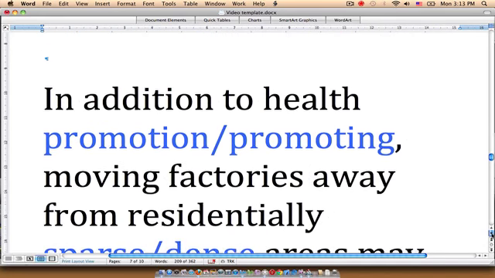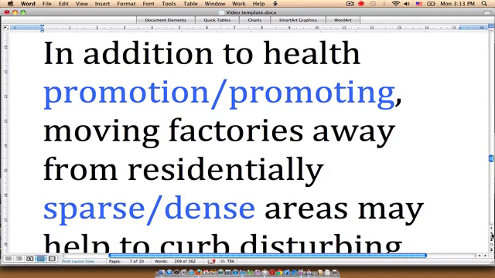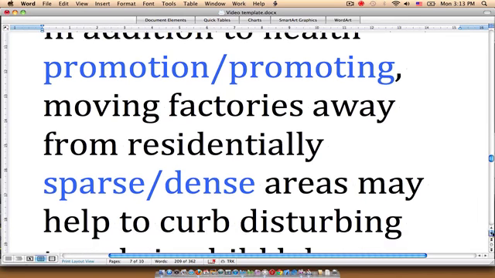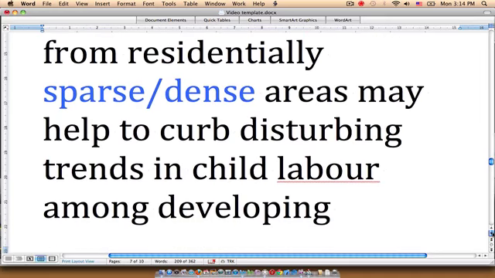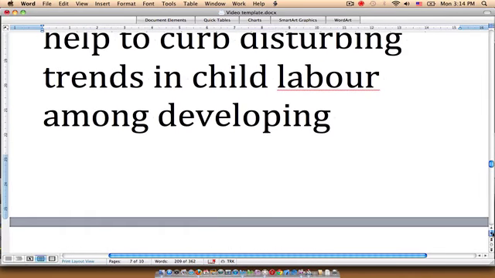Okay, let's continue to the second supporting paragraph. In addition to health promotion, moving factories away from residentially sparse areas may help to curb disturbing trends in child labor among developing countries.